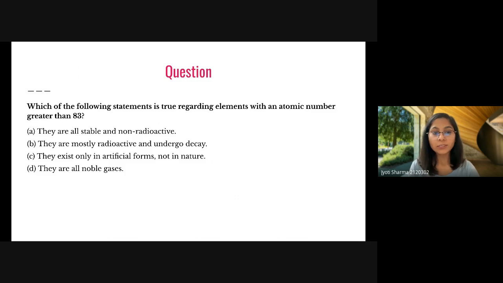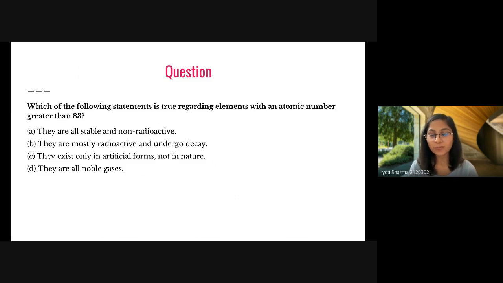A, they are all stable and non-radioactive. B, they are mostly radioactive and undergo decay. C, they exist only in artificial form, not in nature. And D, they are all noble gases. So you have to tell me, if the atomic number is greater than 83, then what is it deciphering to us?